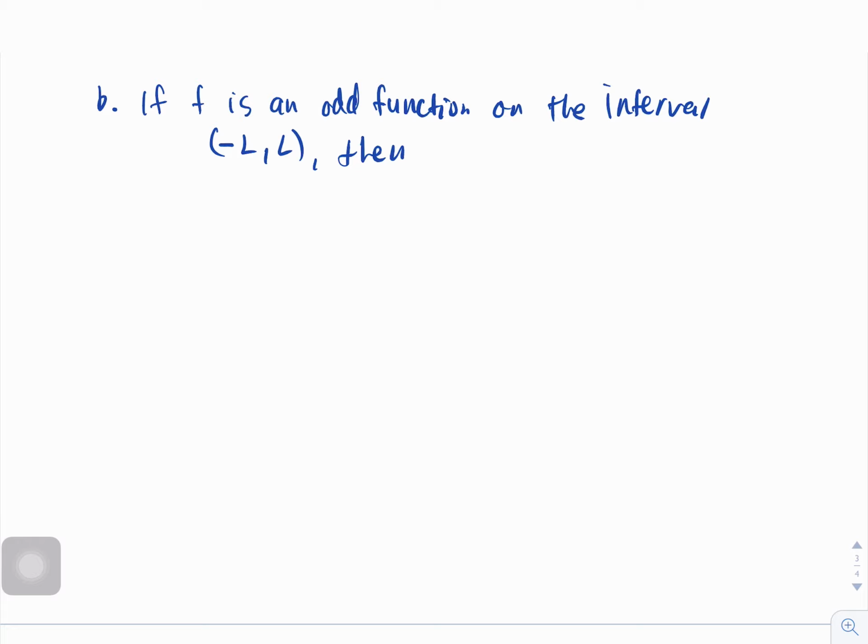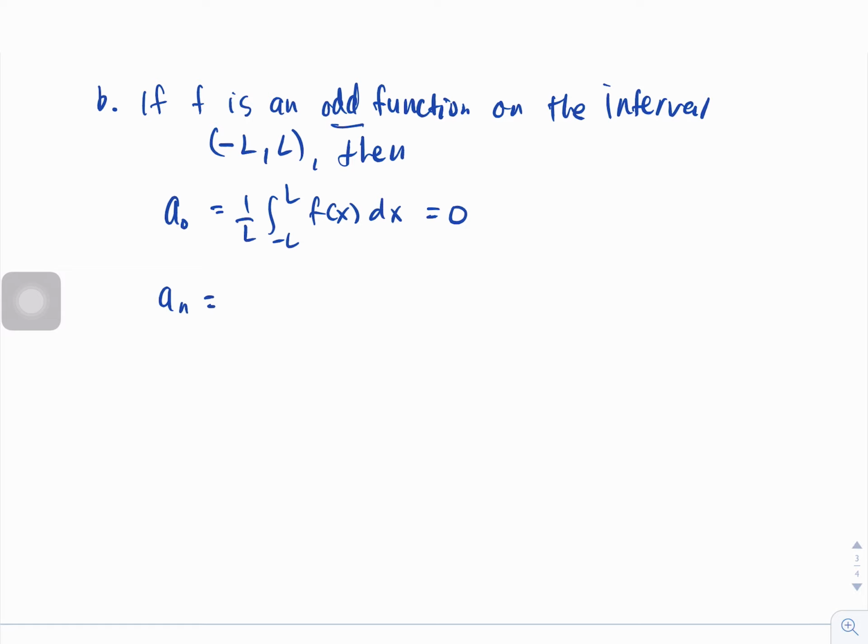Now, let's look at what will happen if our f here is an odd function on the interval of negative L until L. Our a naught is equal to 1 over L from negative L until L of f(x) dx. Since our f(x) is odd, the integration of an odd function from negative L until L gives 0, and this is what the theorem in property number 7 says.